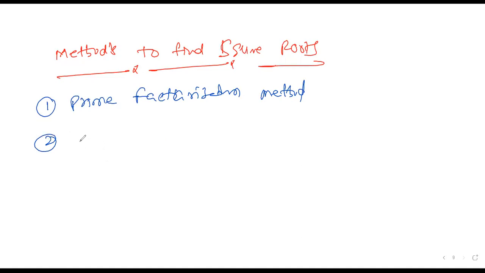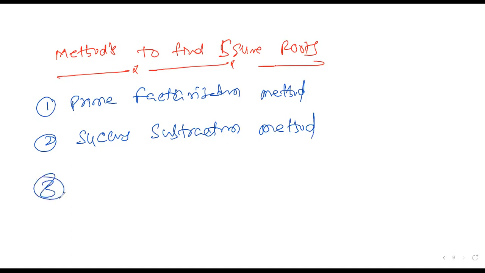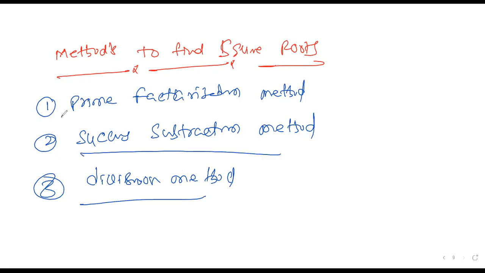Next, the second method is successive subtraction. The third method is the division method. These are the three methods to find the square root.